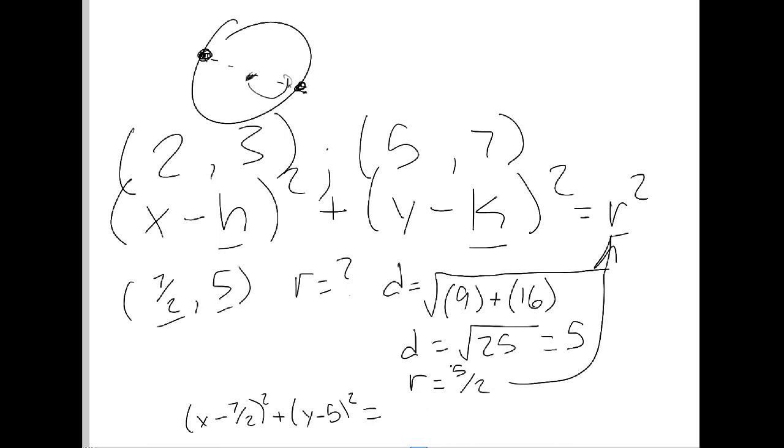Now, r is 5 halves, and 5 halves squared is just 5 halves times 5 halves, or 25 over 4. And that, my friends, would be your final answer, using two endpoints of a diameter to get standard form of a circle.